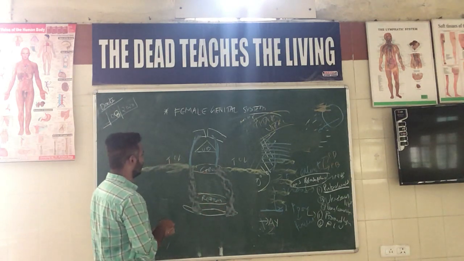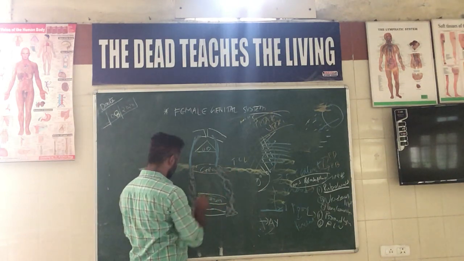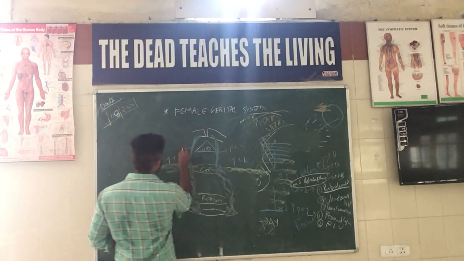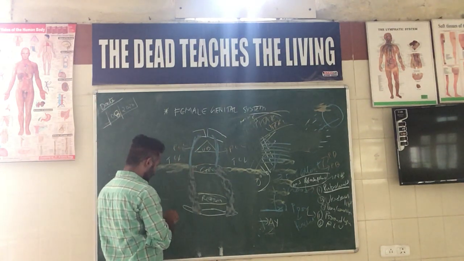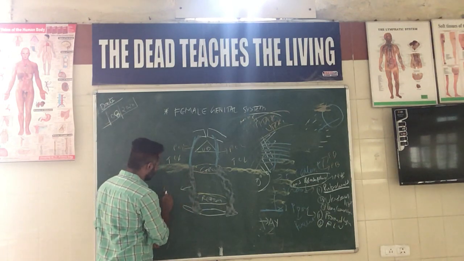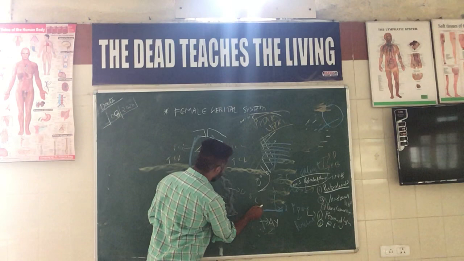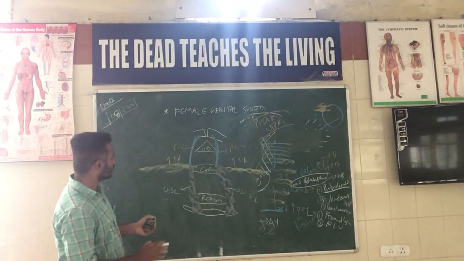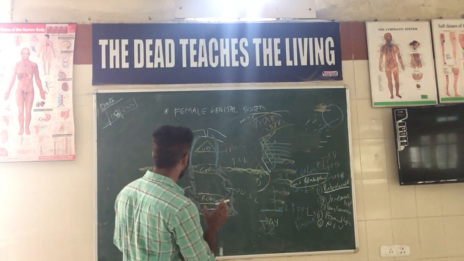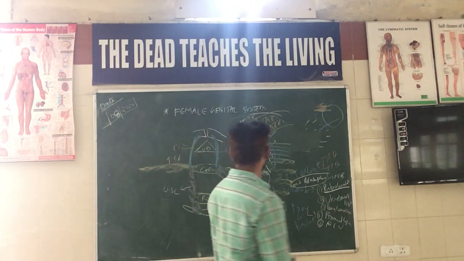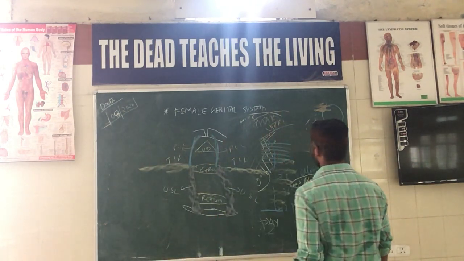So this is the transverse cervical ligament or McElroy's ligament, this is the pubocervical ligament on either side, and these will be the uterosacral or sacro-uterine ligaments. These are the structures which are the good supports stabilizing the uterus.